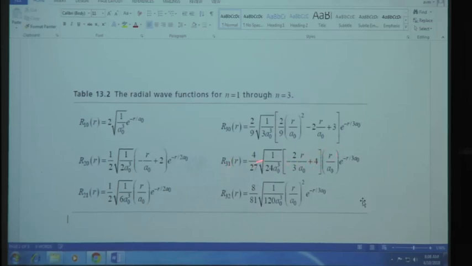So if n equals 3, you have an exponential decay multiplied with a polynomial of r squared. For n equals 2, you have an exponential decay multiplied by a polynomial of r. Here you have n equals 1, so you have an exponential decay multiplied with a 0th order polynomial of r, which is just a constant. So this is a general scheme that is obvious from these solutions.